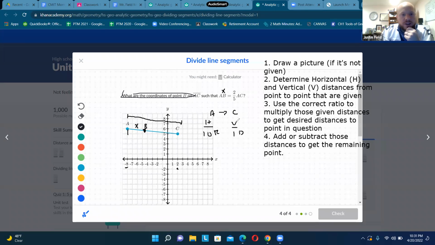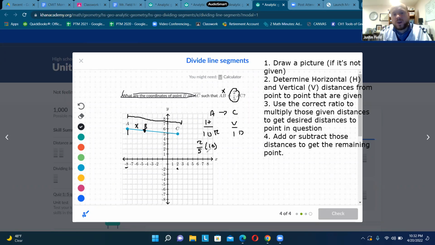Now if we want to start at A, first we want to multiply our given distances by the ratio. Use the correct ratio. They gave us the ratio in this case, 2/5. So we take that horizontal distance and multiply it by 2/5.